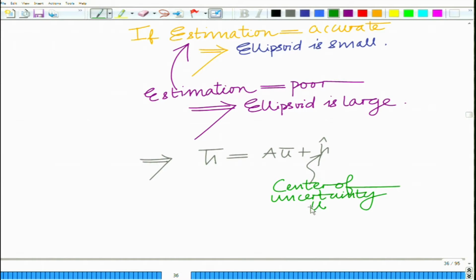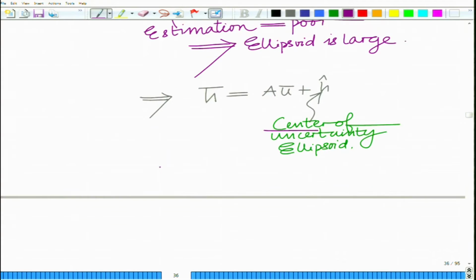So, h hat is the center of the uncertainty ellipsoid, and h bar belongs to this uncertainty ellipsoid, which is given as A u bar plus h hat, such that the norm of u bar is less than or equal to 1.